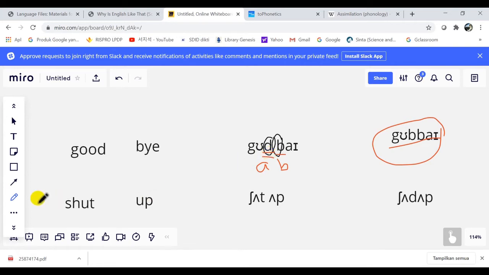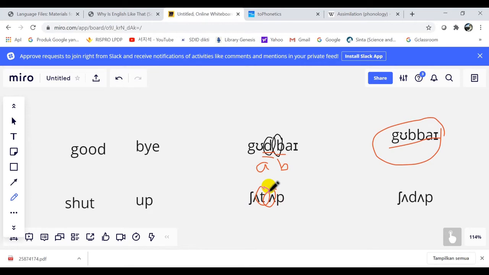Another example is the word shut up. If we see the individual sounds, it is like this: shut up. But here the t will meet a vowel.